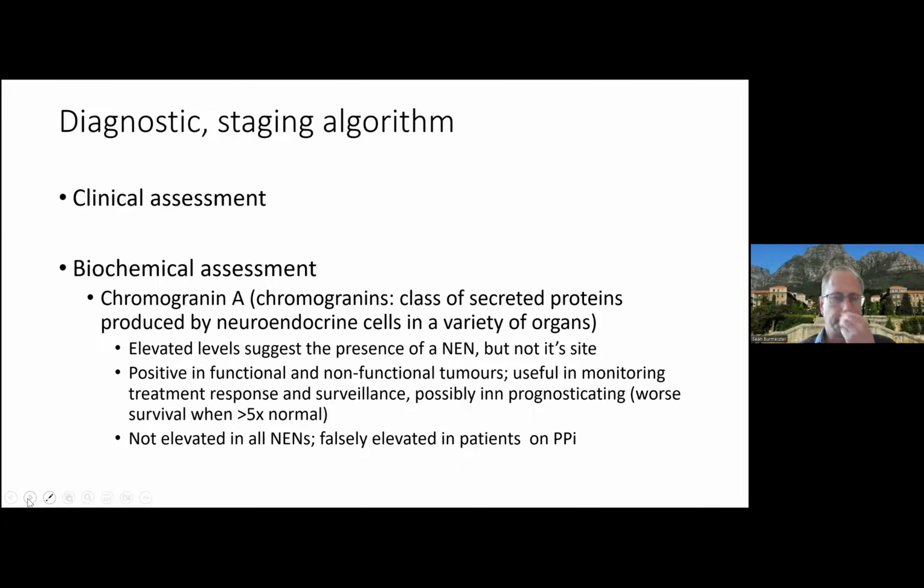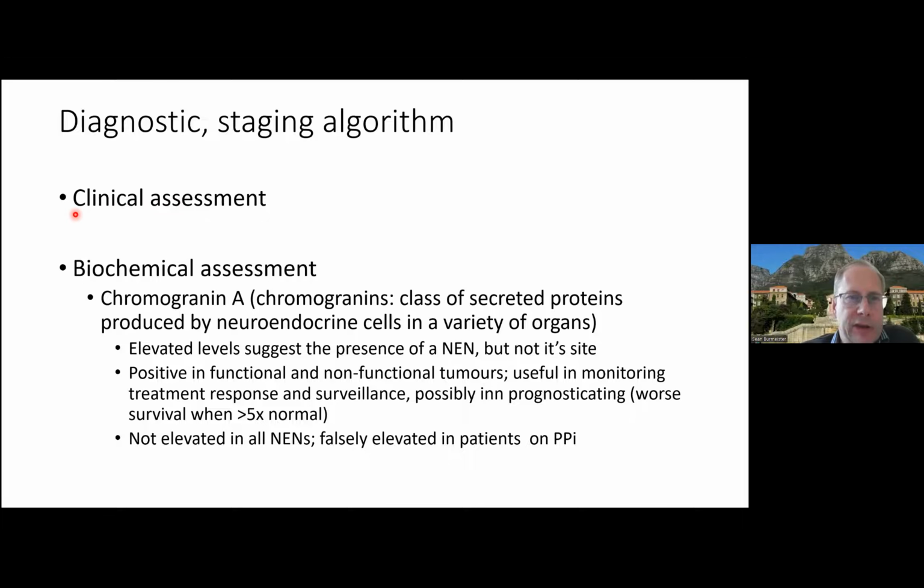Okay, so when we're faced with a patient with a suspected or confirmed neuroendocrine lesion, your starting point is a careful clinical assessment, and we've been through all of the syndromes and symptoms that you should be asking about when a patient presents.